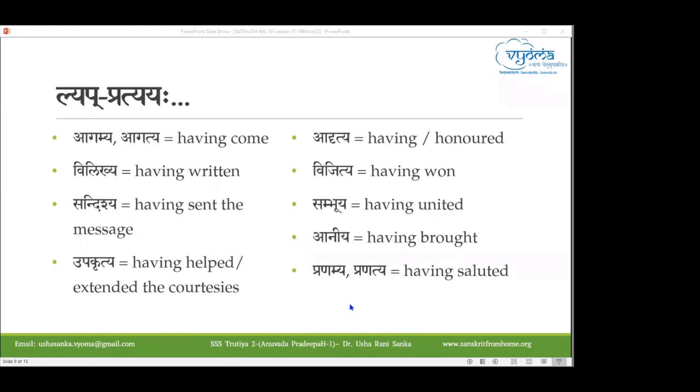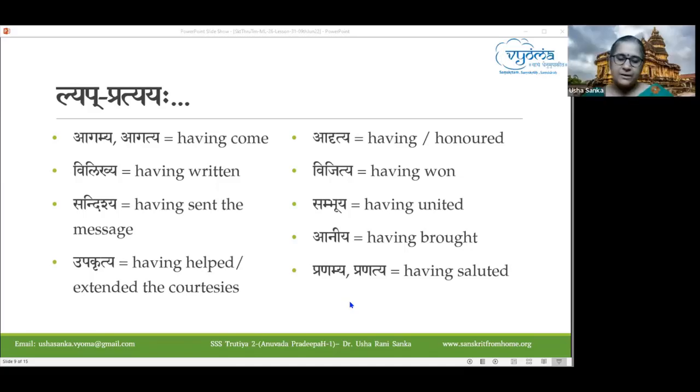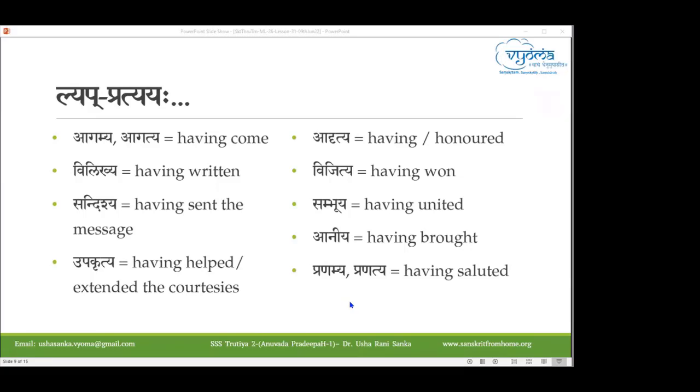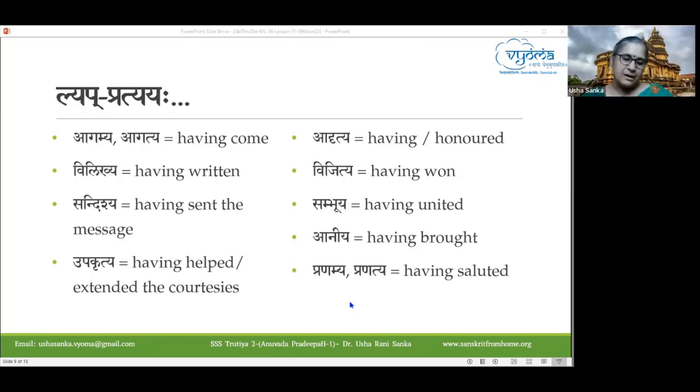Ma'am, is there any distinction like pranata, pranama? Pardon, I didn't get it. There is also a word pranama and pranata. Pranata is coming from kta pratyaya. Pranama is coming from the imperative, lot lakara, madhyama purusha ekavachana.